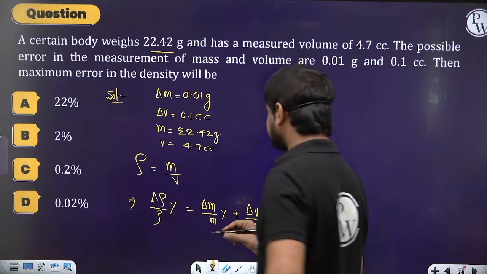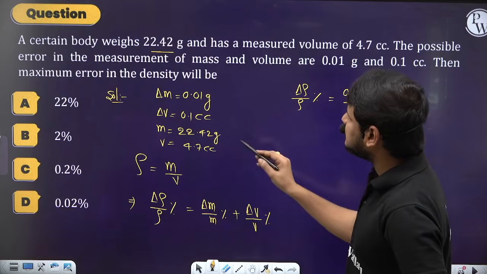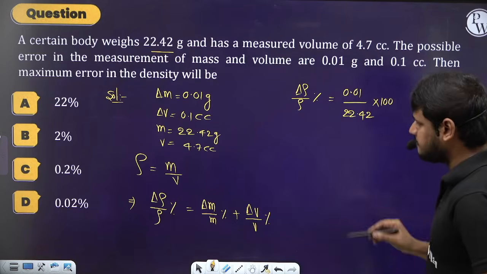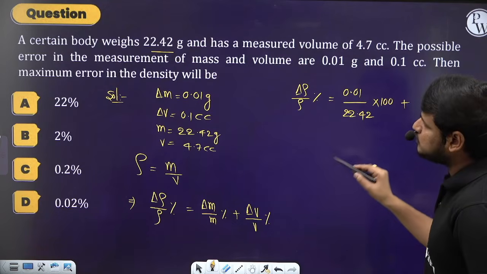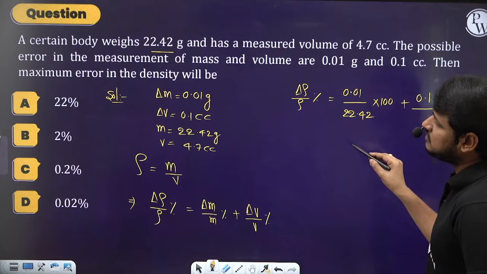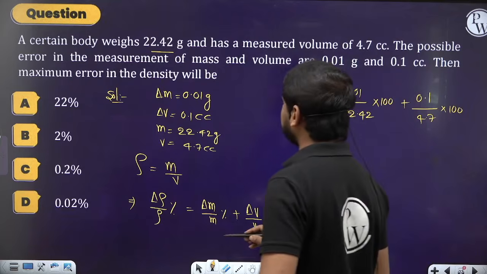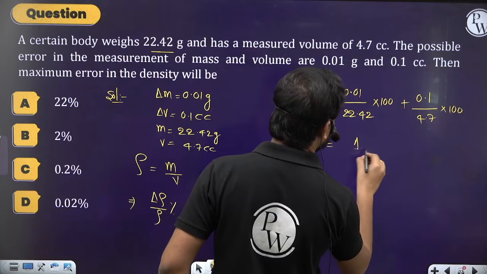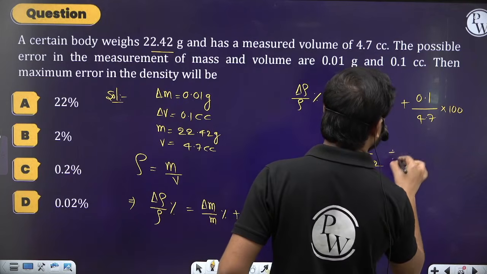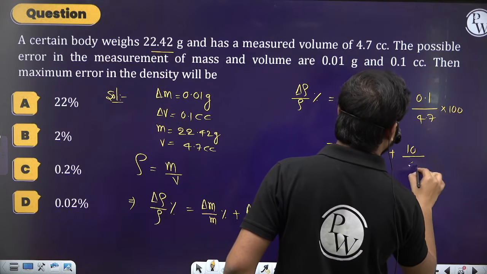So how can we write this? Delta m, which is 0.01, by m, which is 22.42, into 100 for percentage, plus delta v by v, which is 0.1 by 4.7 into 100. Now this is 1 by 22.42 plus 10 by 4.7.